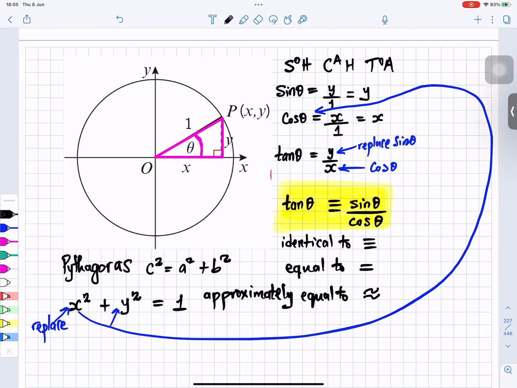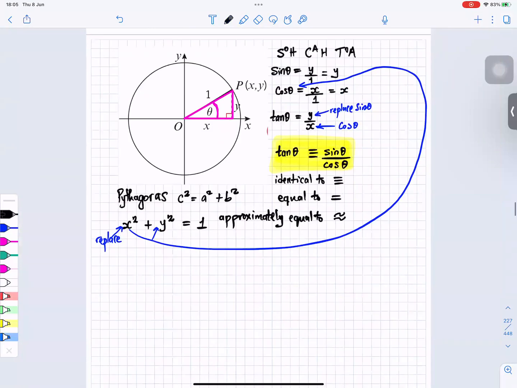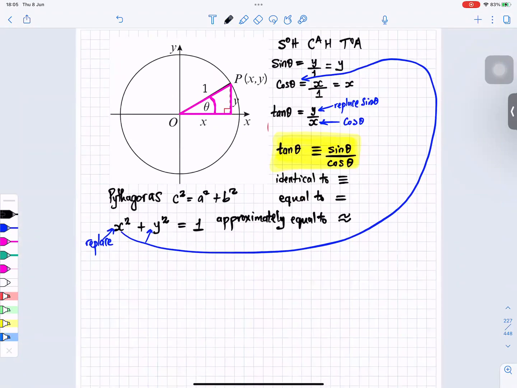But because it's x squared, can you see the x squared? Yes. Let me write this there on the side because that sometimes gives problems. Cos theta is the same as x. So cos theta squared is the same as x squared. And sometimes they write it as cos squared theta is the same as x squared. So they're all the same. Sometimes you write it with a bracket and sometimes write like that.